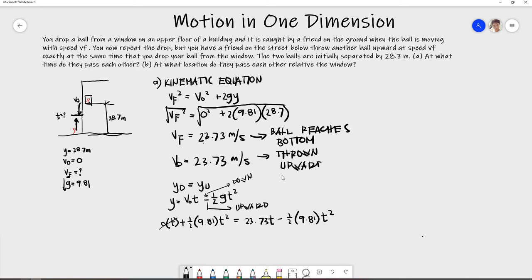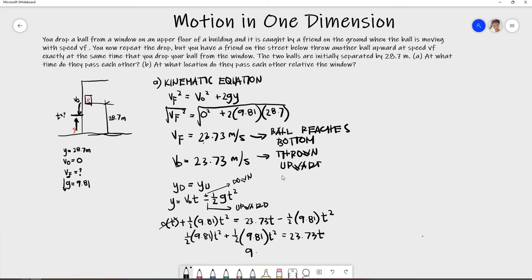Let's simplify this. We have 1/2 times 9.81 t squared equals 23.73 t minus 1/2 times 9.81 t squared. Transposing this to the left side, the negative becomes positive, so 1/2 times 9.81 t squared plus 1/2 times 9.81 t squared is equal to 23.73 t.